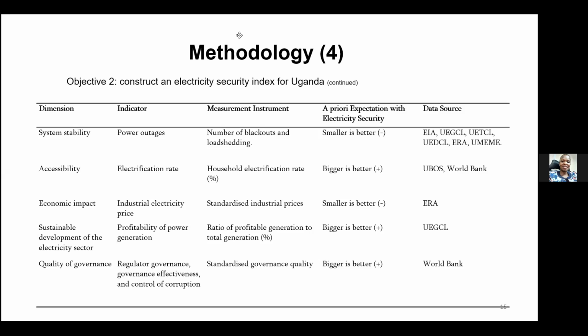Because in the earlier slides, you talk about the current access rate being 42, and I assume that this 42 is also including the distributed. But also when you look at the current report from UBOS, which is the UNHS, I think it goes slightly above 42. Maybe you'll have to reconcile what MEMD is saying and what UBOS is saying, because in most cases MEMD picks from UBOS.